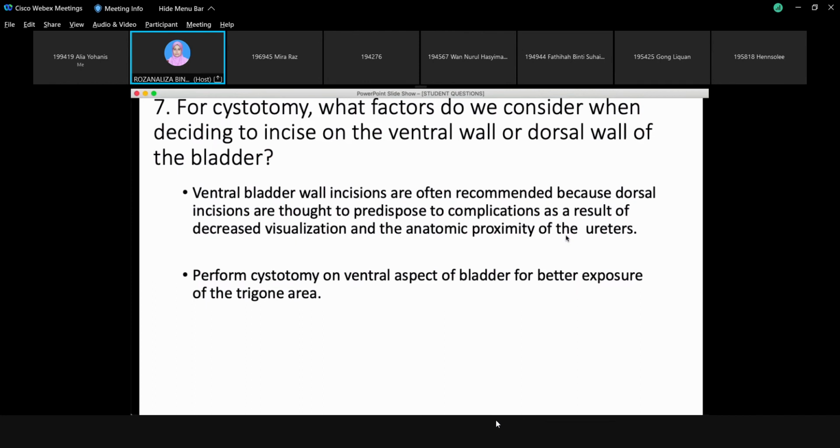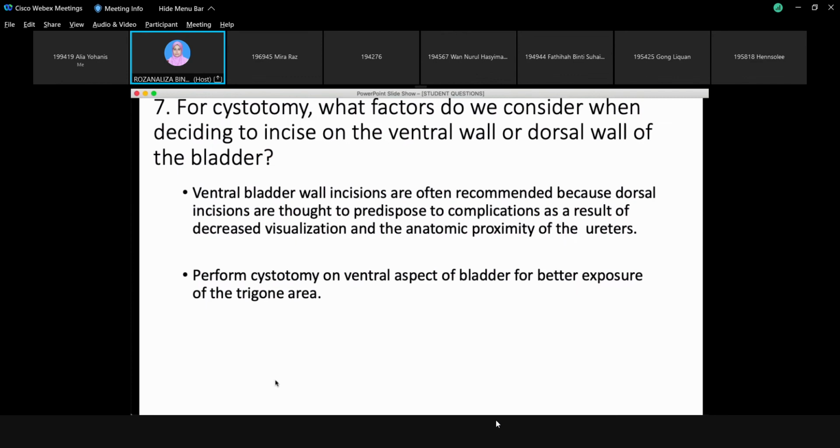Because your ureters enter the bladder on the dorsal wall, if you cut into the dorsal wall and are not careful, you can accidentally injure your ureter. But it does not mean you cannot do an incision on the dorsal wall. There are sometimes that I do incision on the dorsal wall.